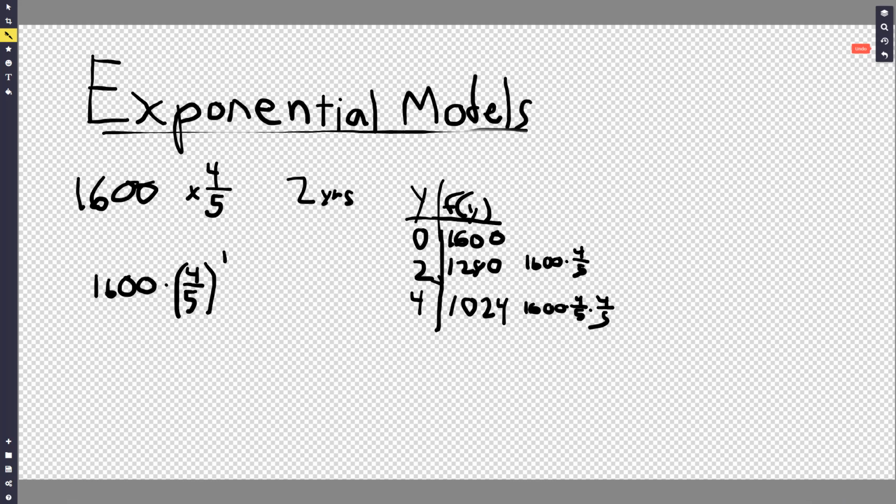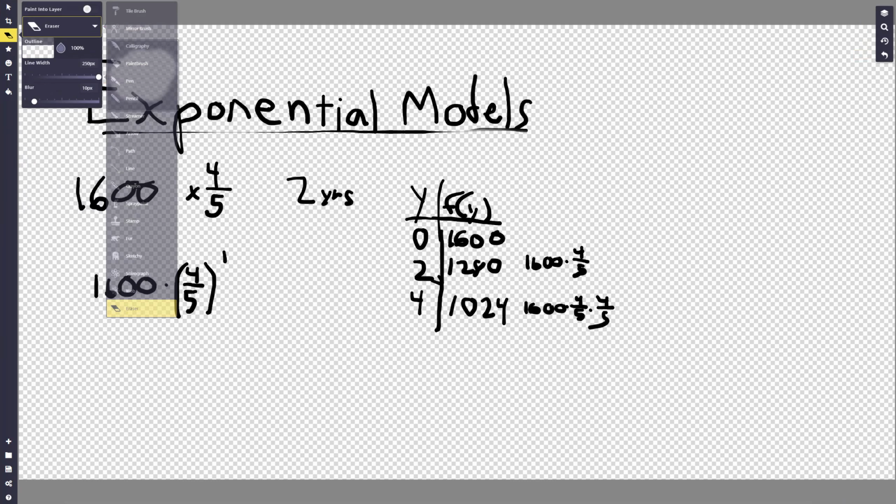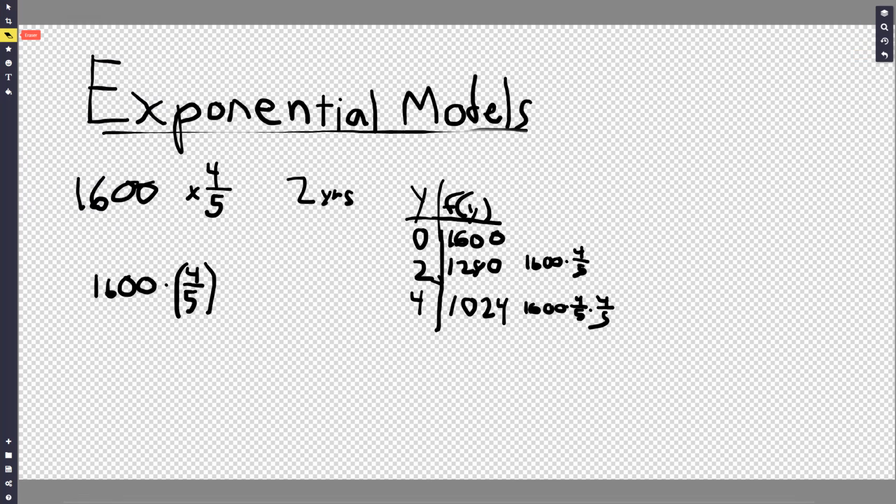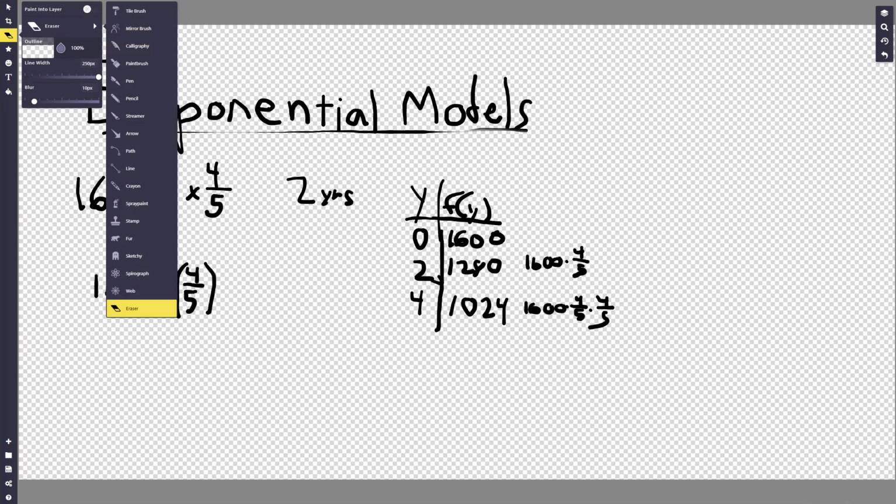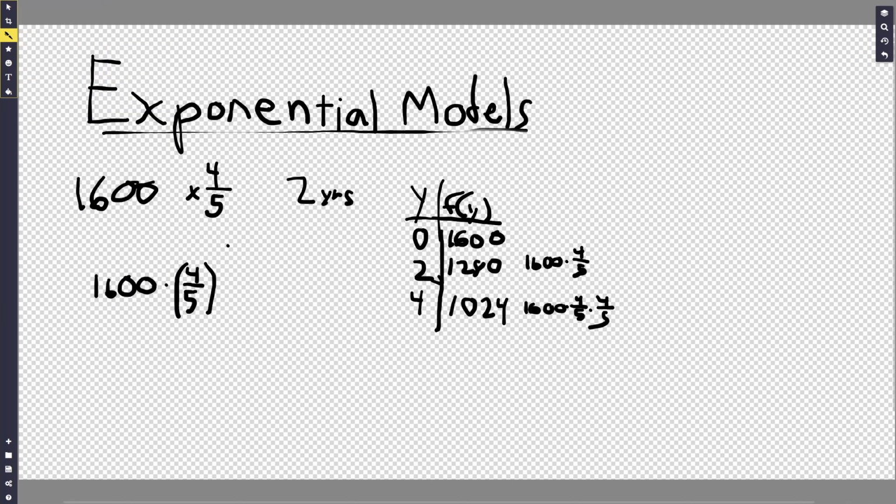So how can we write that? Well, we got my eraser, and we can write that as y divided by 2, okay, right? So 1600 times 4/5 to the power of y divided by 2, right? And we can even test this out.